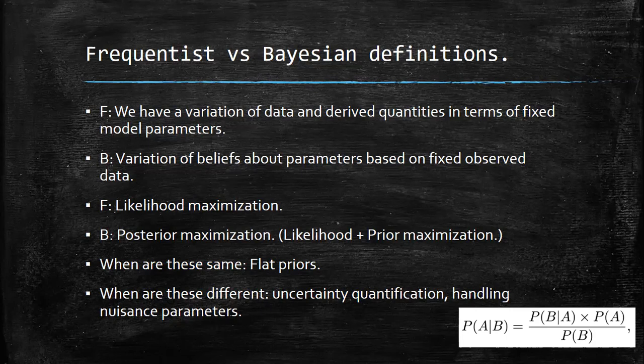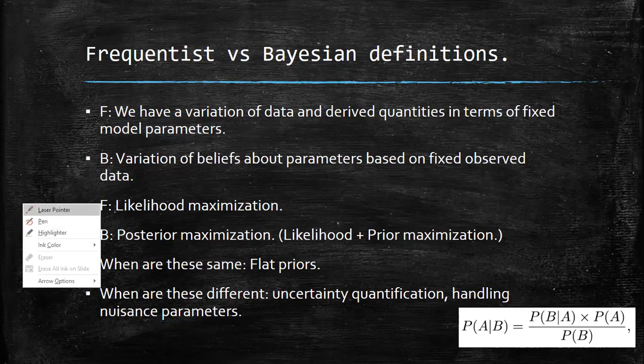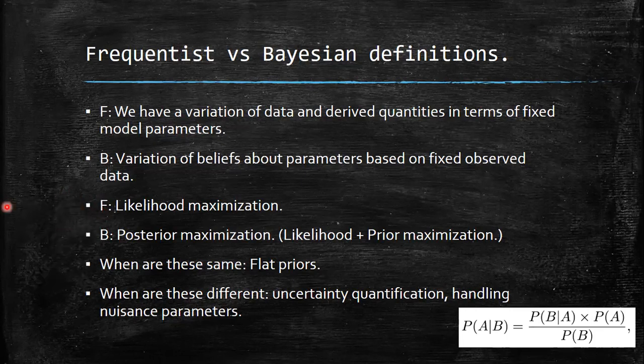For reference, I have the Bayes rule at the bottom. A form of optimization using the frequentist approach is likelihood maximization, and a form of optimization in a Bayesian approach is posterior maximization, where we maximize the whole thing. So a posterior maximization is basically the likelihood and the prior maximization.